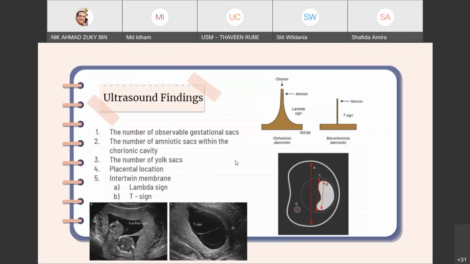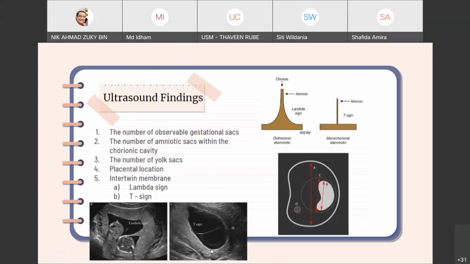Intertwin membrane signs are the lambda sign and T sign. With the lambda sign, as you see there, there is tissue in between the amniotic sacs. The tissue indicates two separate amniotic sacs, with the placenta present between the membranes, so this indicates dichorionic. With the T sign, there is no tissue in between the amniotic sacs, meaning a single placenta, so this is monochorionic.